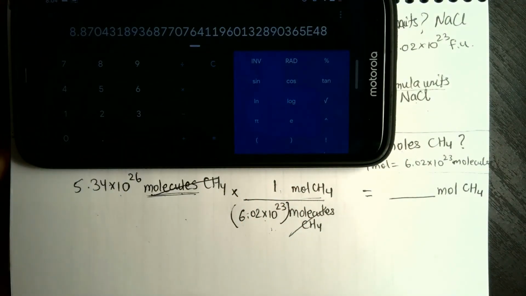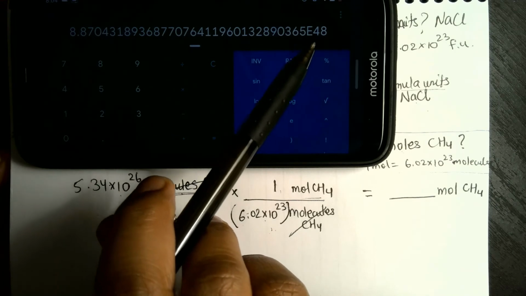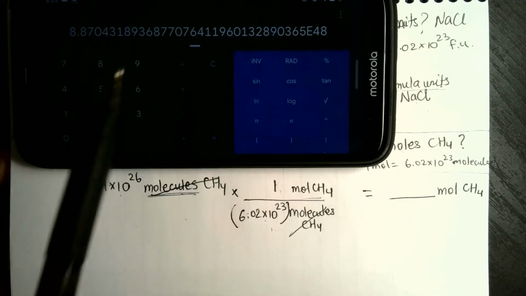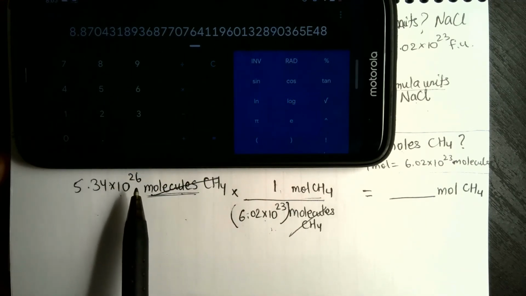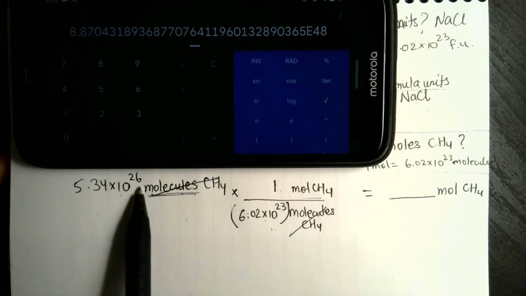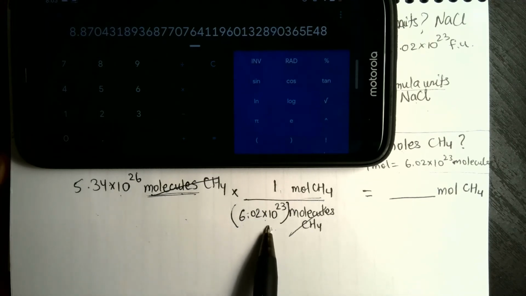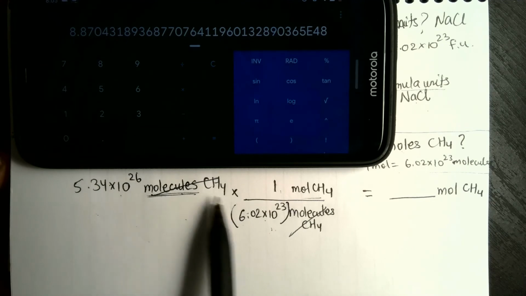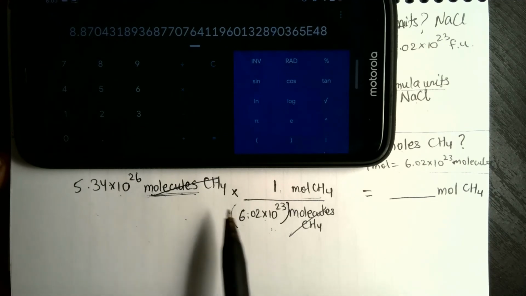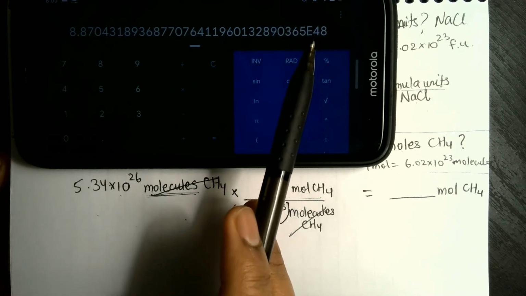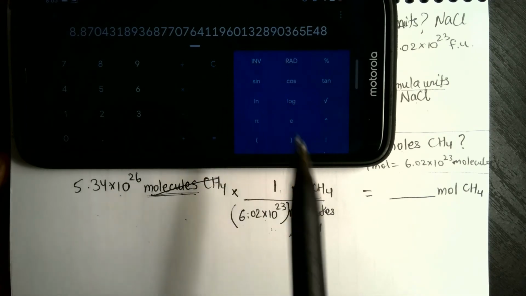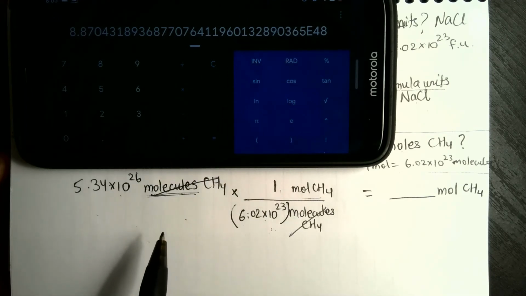As it appears there, you can see that the power is 48. You know that's not true. When you divide something that is 10 to the power 26 by 10 to the power 23, there's a difference of 3 zeros. So why are you getting that large number? The reason is you're not putting the denominator in brackets.